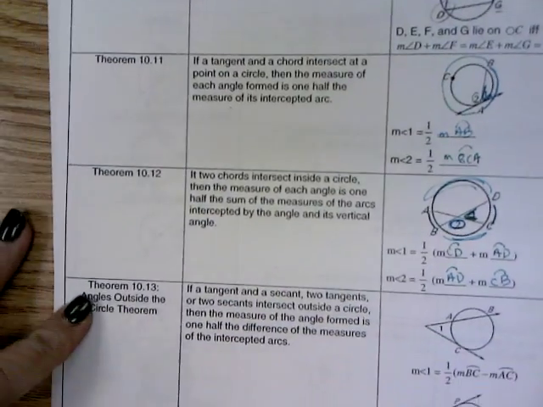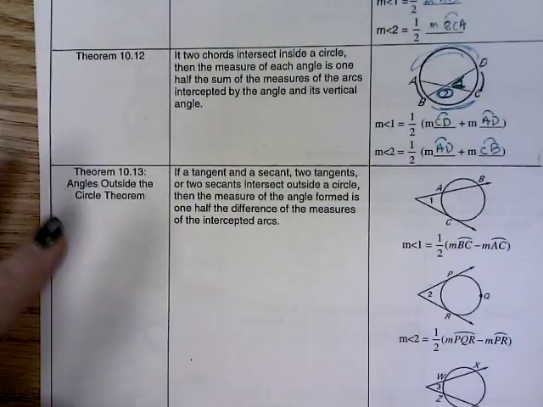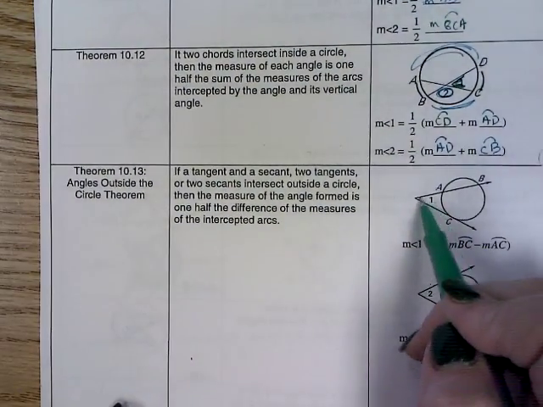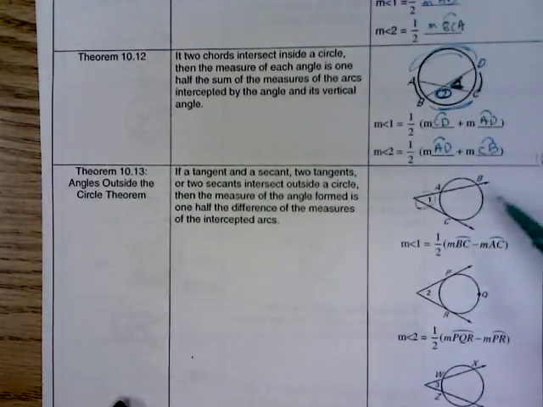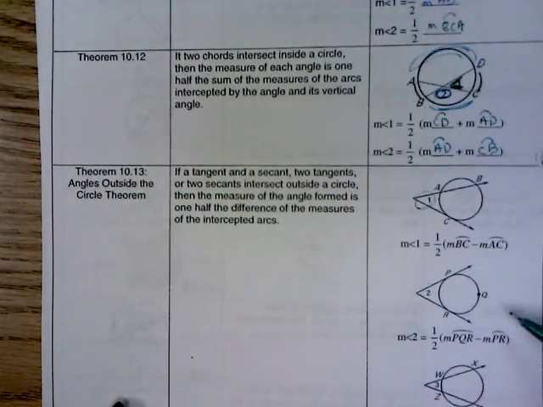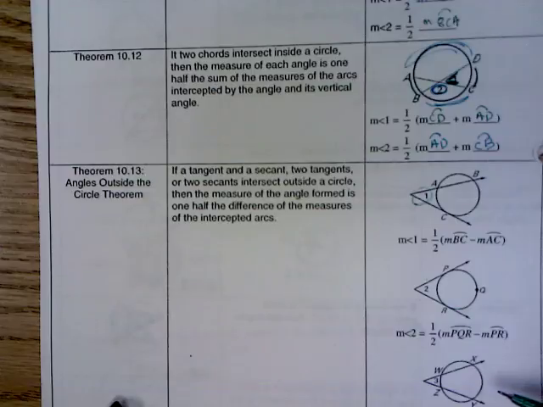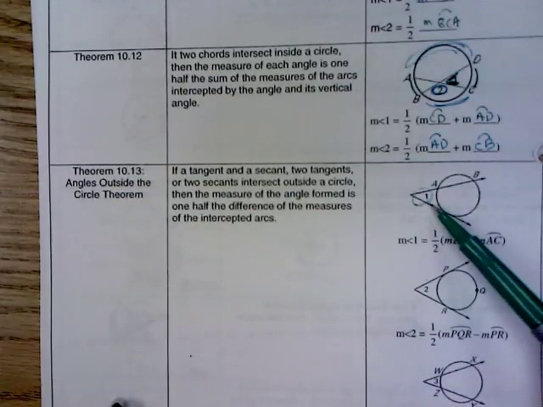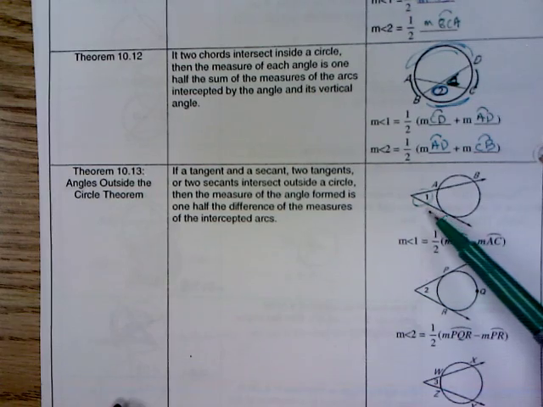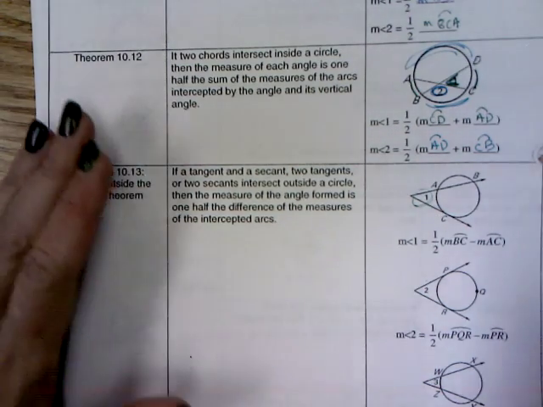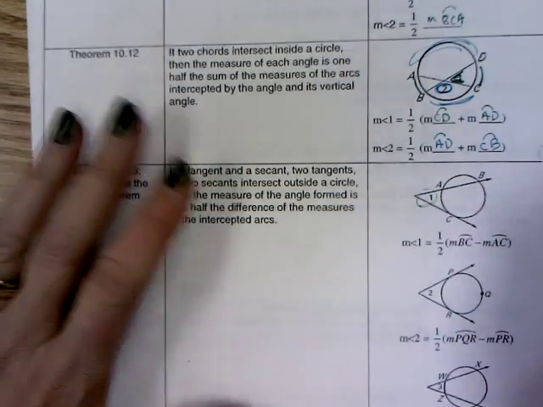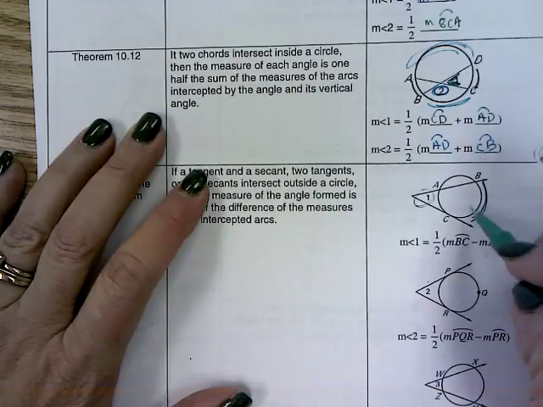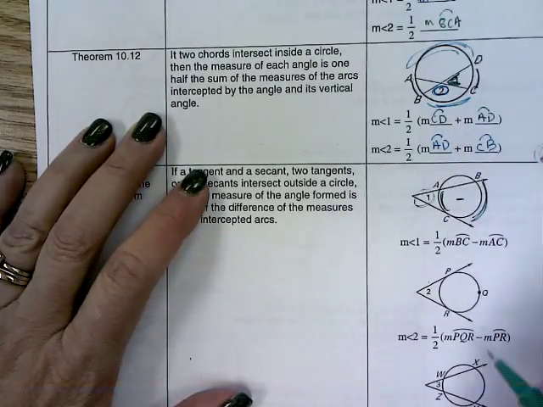For Theorem 10.13, it's saying, okay, I'm looking for an angle on the outside. It doesn't matter whether it's a secant and a tangent, a tangent and a tangent, or two secants. That doesn't matter. To find that external angle, you're going to basically take 1/2, because everything's a half, of the larger minus the smaller.